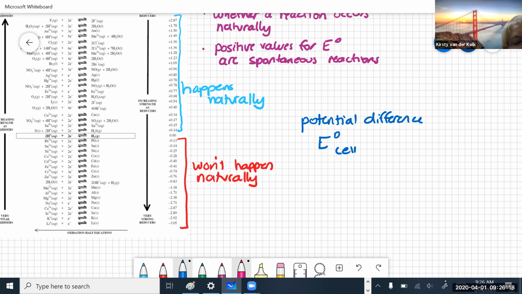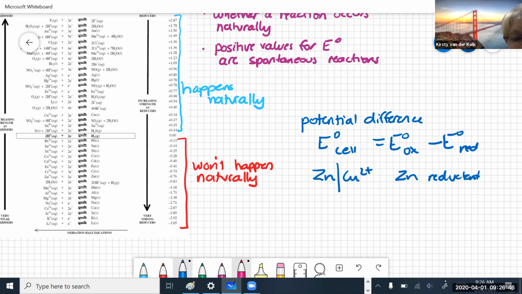So if you calculate your E0 cell, remember it's the oxidant minus the reductant. So if we do the E0 cell for the copper and zinc, so for zinc copper 2, then zinc is our reductant and Cu2 plus is our oxidant.